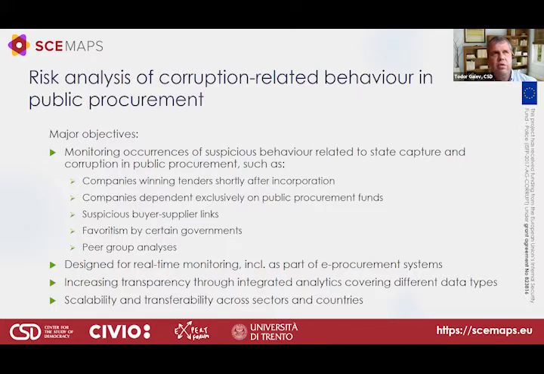So it means that it could be used as an integral part of the e-procurement system of the countries for monitoring the irregularities in the public procurement process and for reacting on these irregularities during the procurement process and not after it, as in our case, when we use only historical data for the last 10 years to show how this can work.